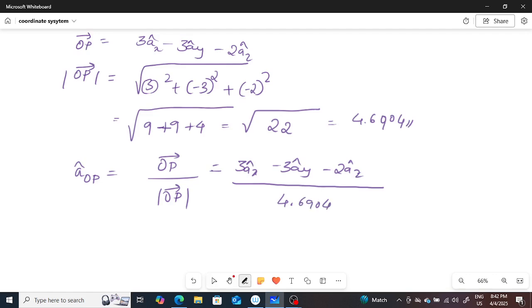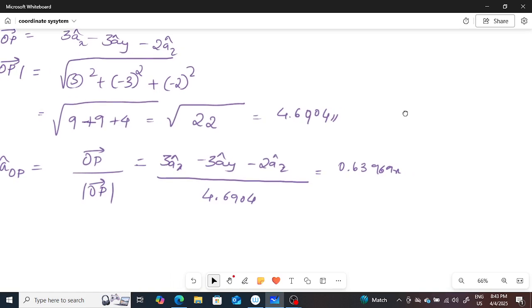Now divide and calculate. 3 by 4.6904 is 0.6396ax minus 0.6396ay minus 0.42az.